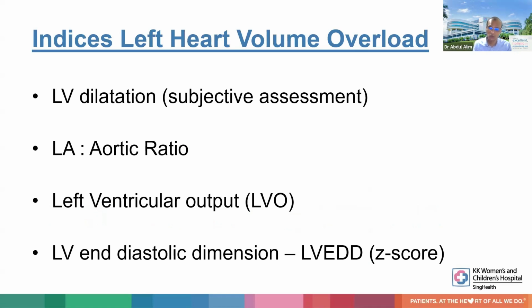There is too much blood going to the lungs, and this blood returns to the left atrium through the pulmonary veins, so there is increased pulmonary venous return. When more blood comes to the left atrium, it is distended, and then all this blood goes to the left ventricle, so the left ventricle is also distended. So you can quantify the amount of left heart volume overload, and assess the hemodynamic significance of the PDA based on that.